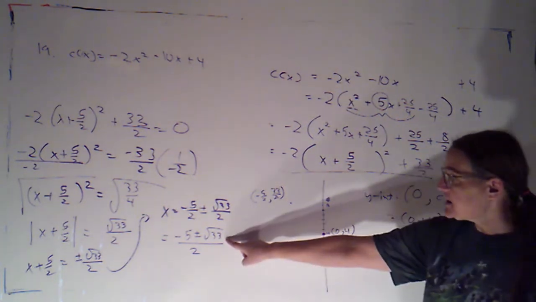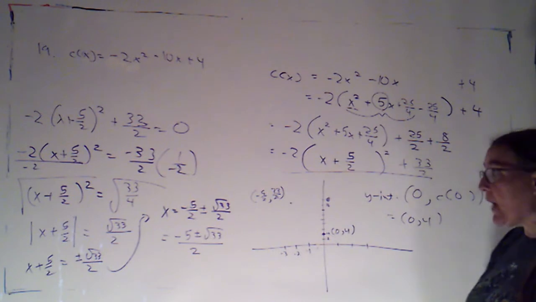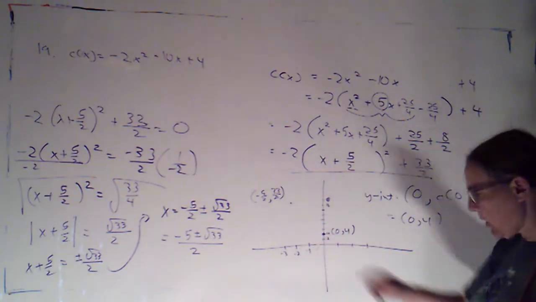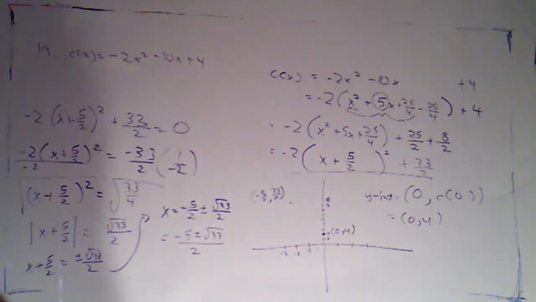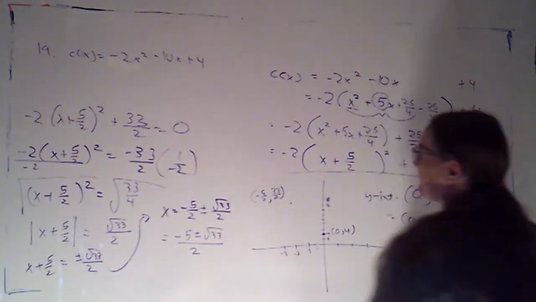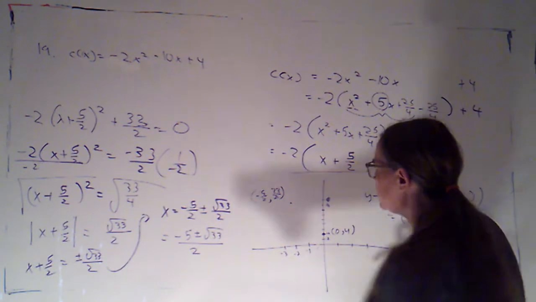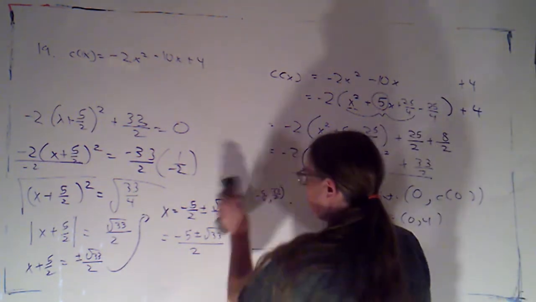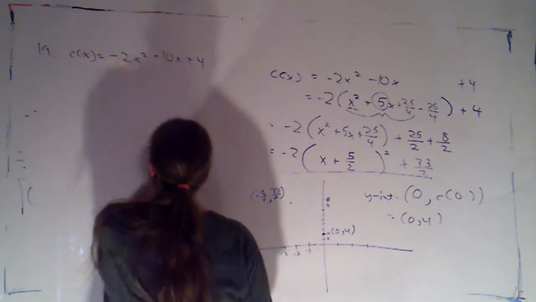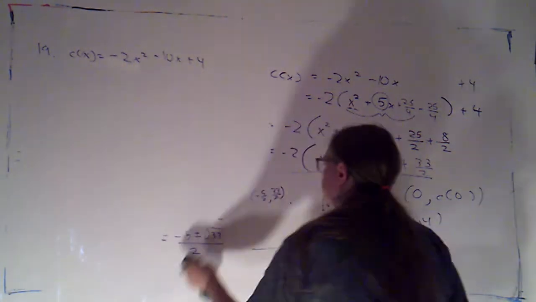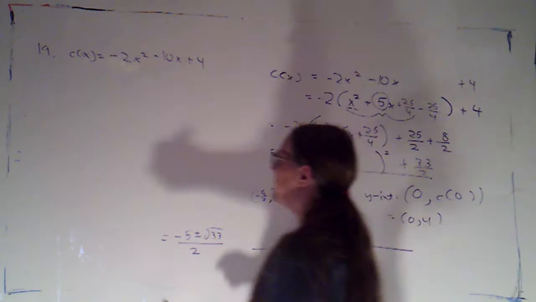Now, I do want to be able to estimate where that is, so I need to know what integers root 33 is in between. Okay, so let's see. Let me just keep up here that those are the x values that I found. Okay.